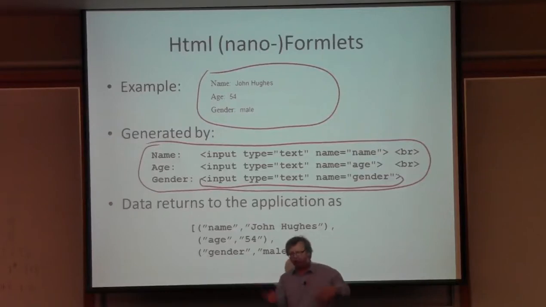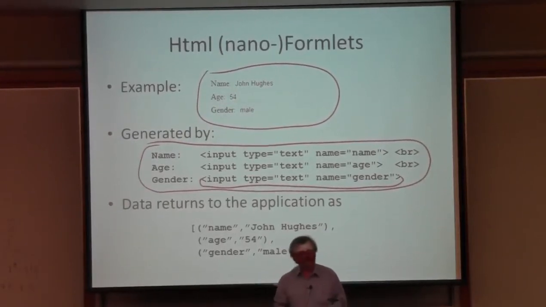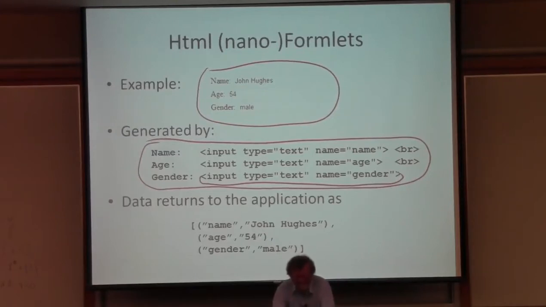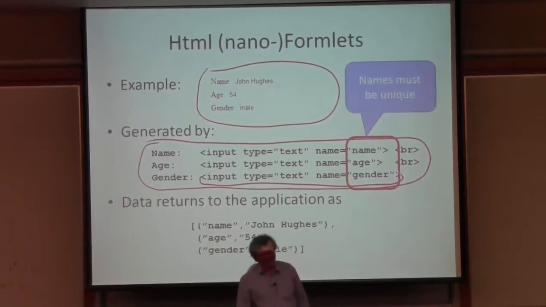So that HTML is sent off to a browser. The user fills in the fields, clicks submit, and then the contents of the fields are sent back to the server. And by the time they return to the application, they're usually in the form of perhaps a list of pairs of field names and contents. So if you use the interface at this level, it's just a real pain. Why? Well, for a start, all the names in your forms must be unique.